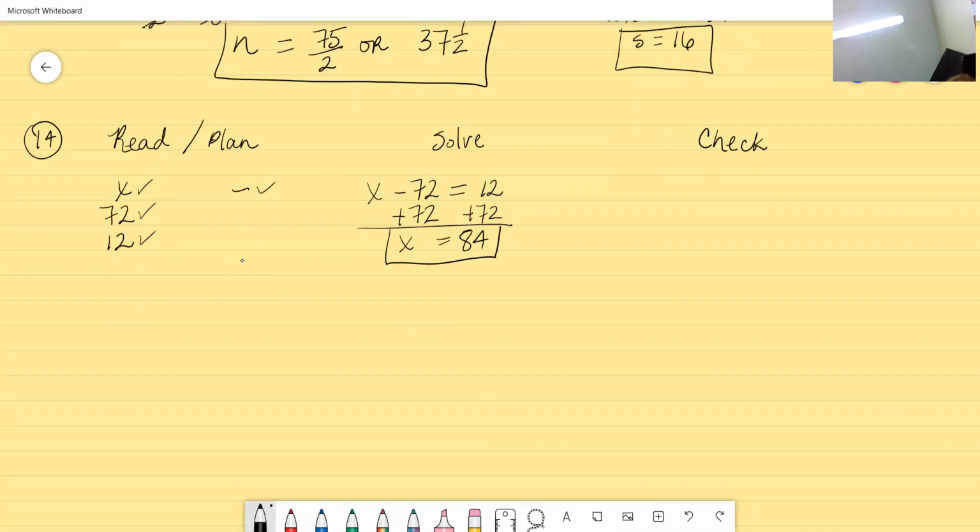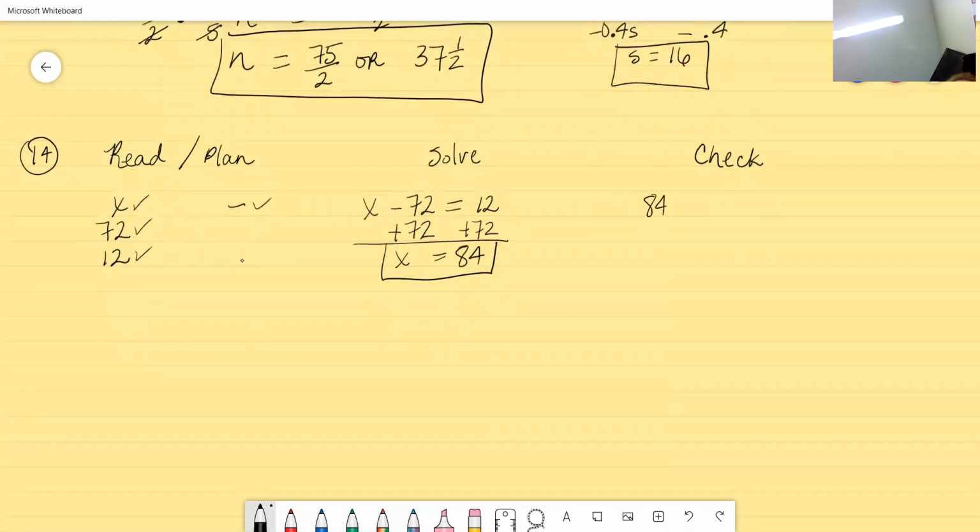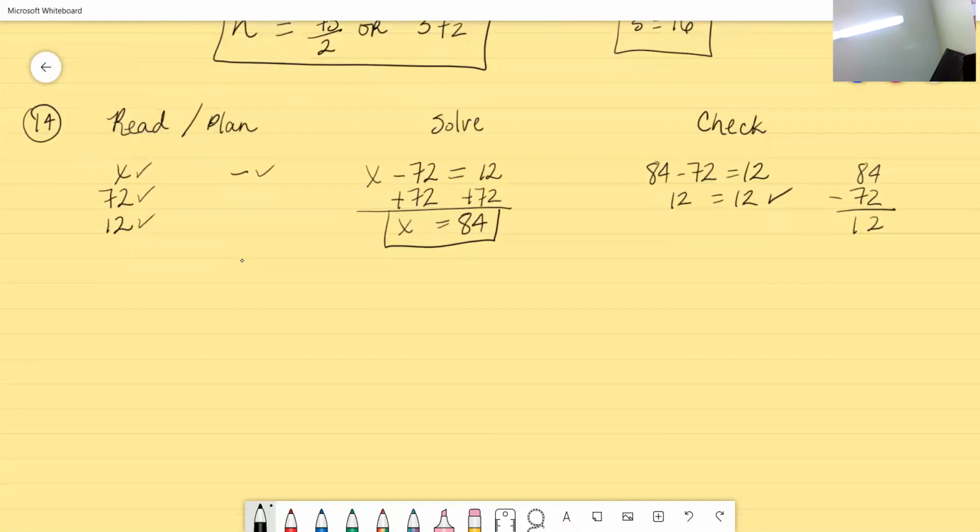Now, to check, you would put the 84 minus 72 equals 12. Well, 84 minus 72. 4 take away 2 is 2. 8 take away 7 is 1. So that's 12 equals 12. Yes, it does.